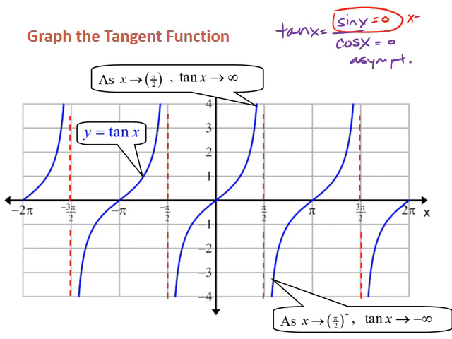So this will be an x-intercept. So the x-intercepts occur at multiples of pi. And then the graph kind of looks like an S a little bit, a snake, a curve. And one full cycle takes place over pi units.